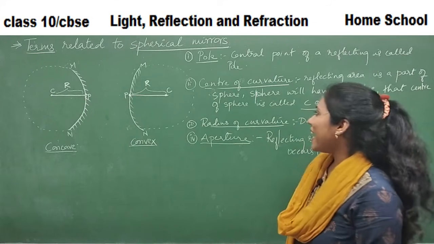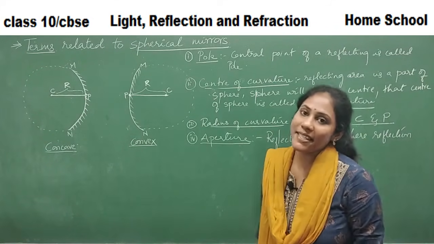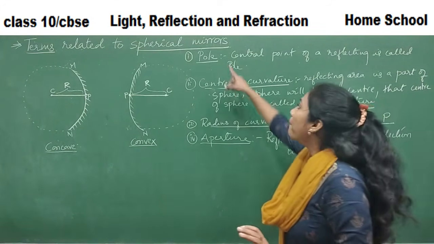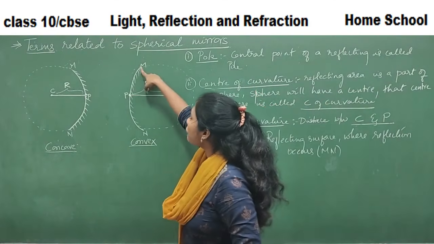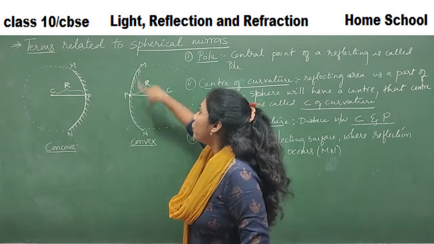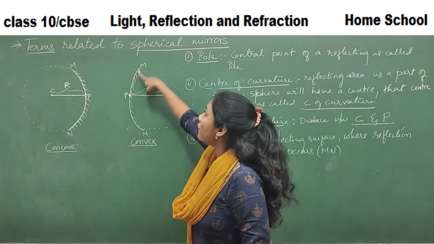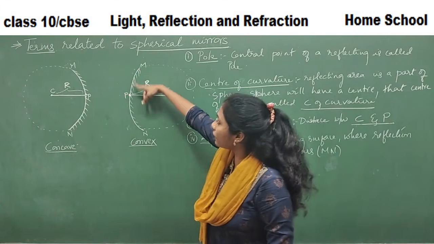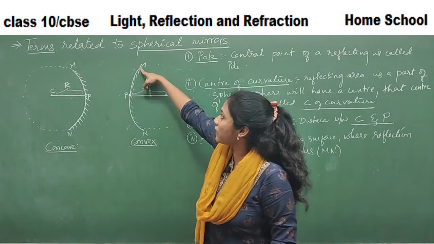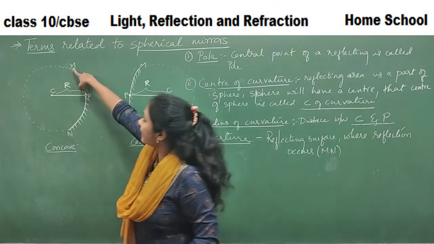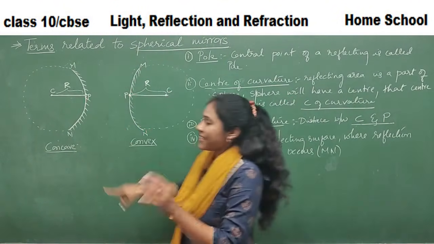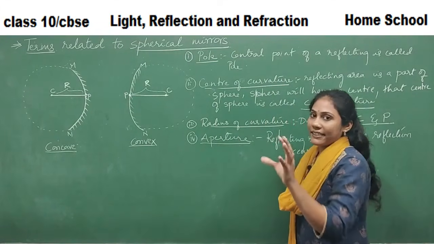These are the basic terms one must clearly understand. Pole is nothing but the center of aperture. Aperture is the reflecting area, so the pole is the central point of a reflecting surface.